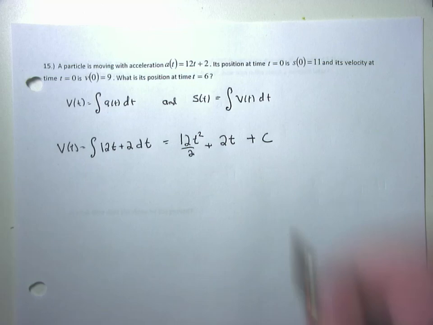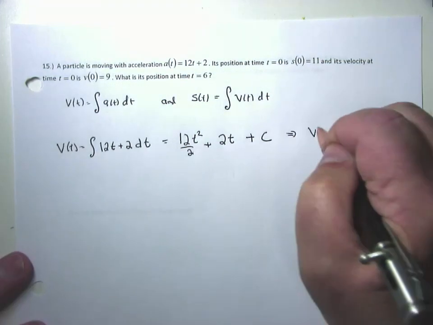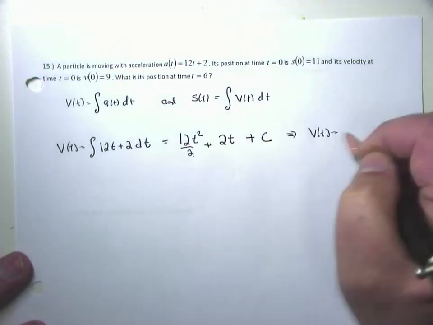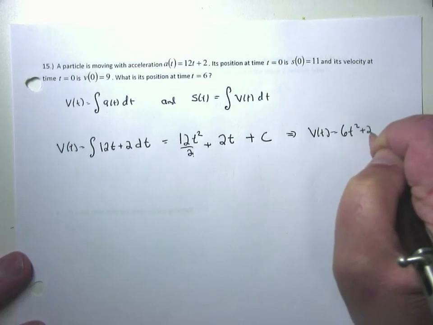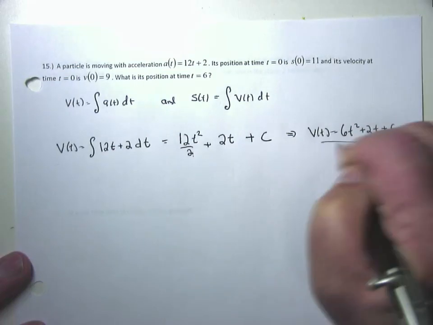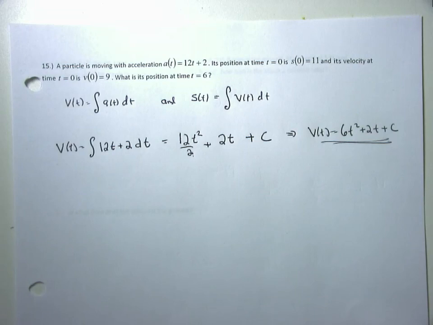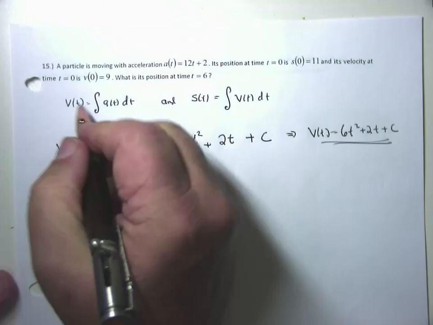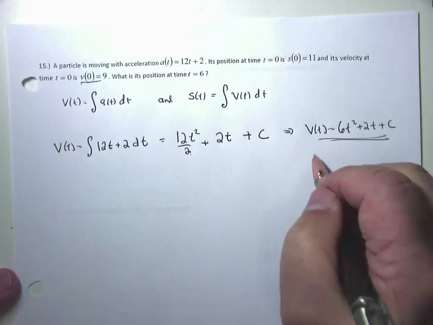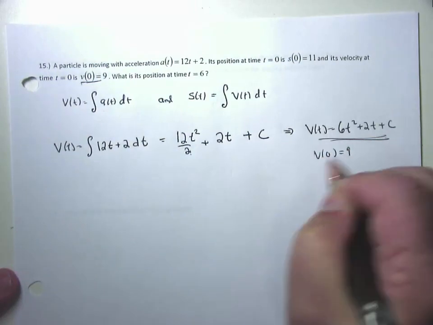Cleaning it up, this tells me that my velocity is equal to 12 divided by 2 is 6, t squared plus 2t plus c. So to figure out what the exact velocity function is, I have to have the initial condition so I can solve for c. The initial condition on velocity is v of 0 equals 9.